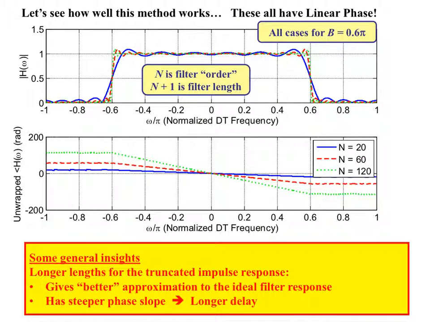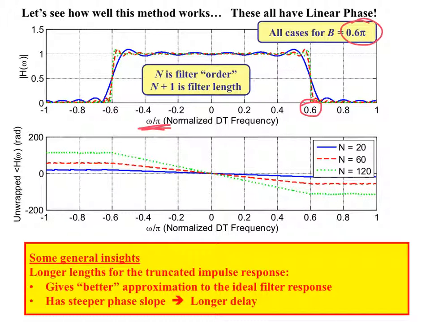Great. So how well can we get? How well will this work? So here's some results for designing for a case of B equal to 0.6 pi. So that's our cutoff frequency, and I'm normalizing by pi, so there's our desired cutoff frequency.